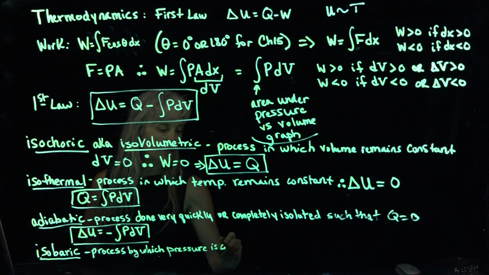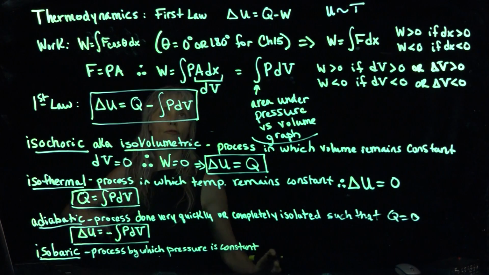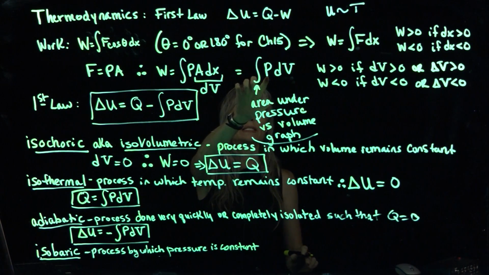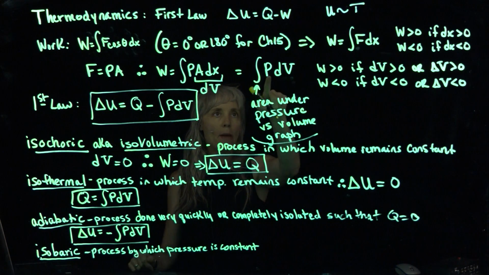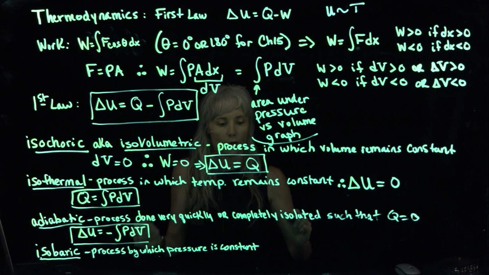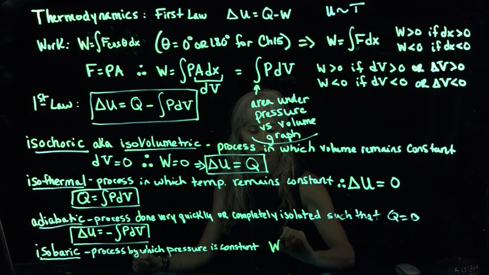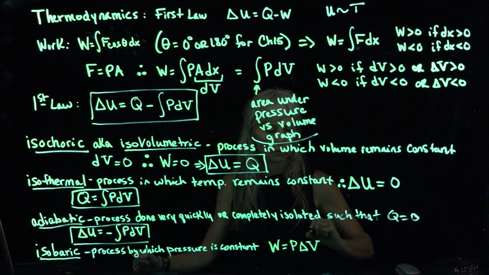Okay, and if the pressure is constant, looking at our definition for work, it can come out from underneath the integral. And so when that happens, I just have the integral of dV, which is just the change in the volume. So now I can write work as that pressure times the change in volume.